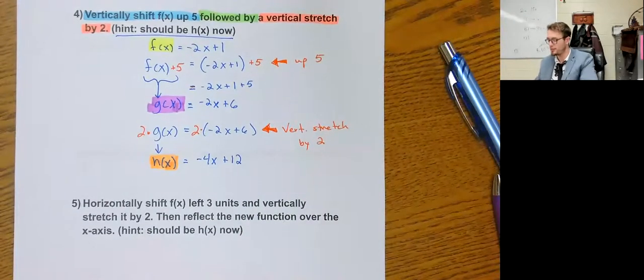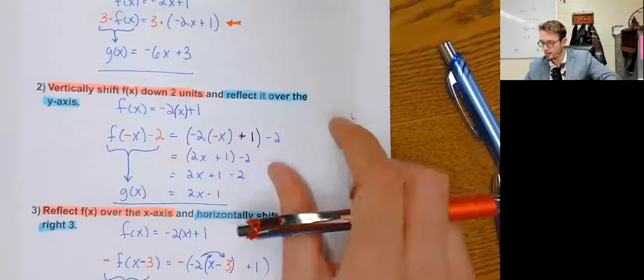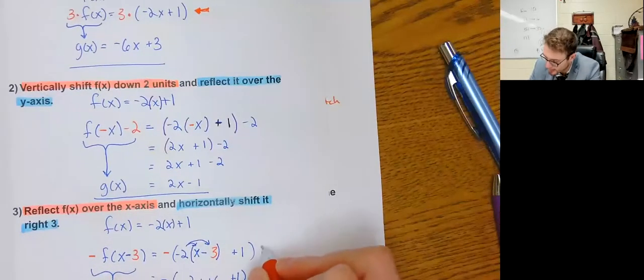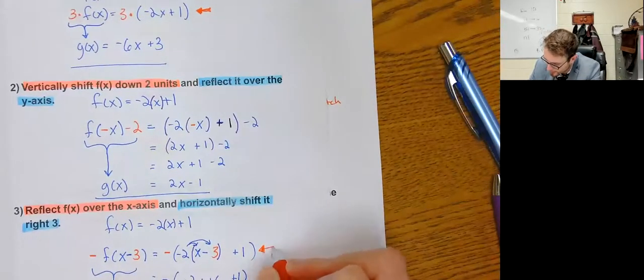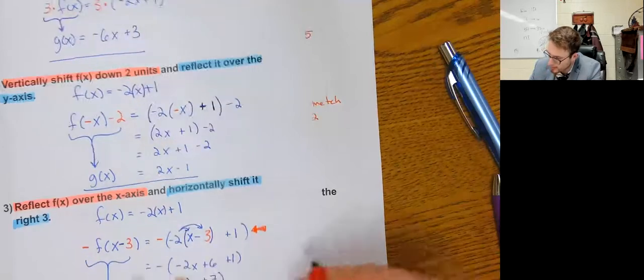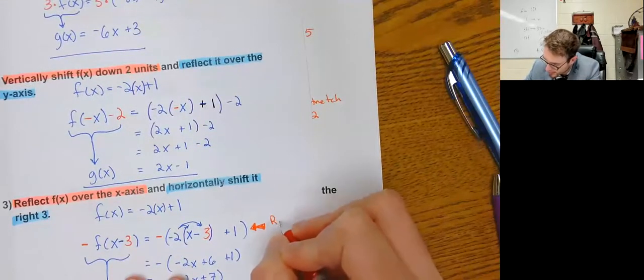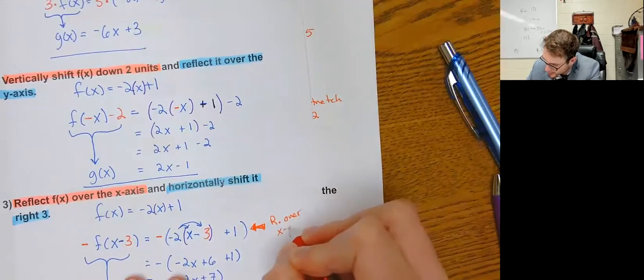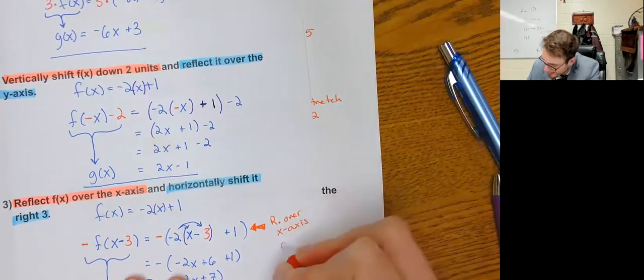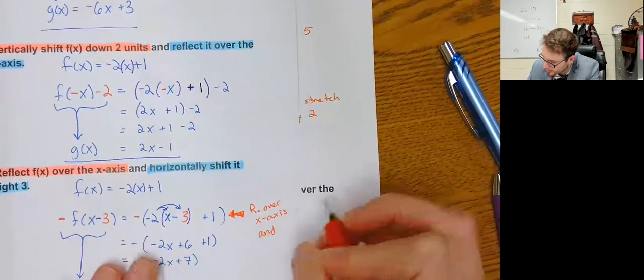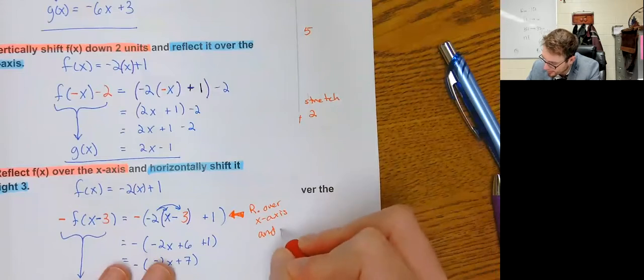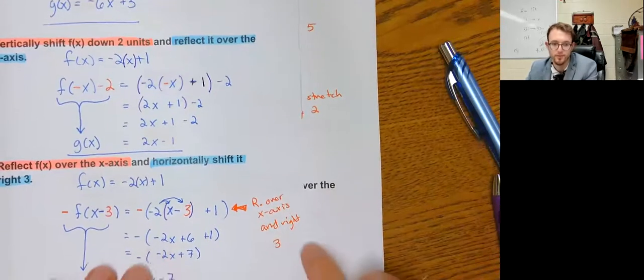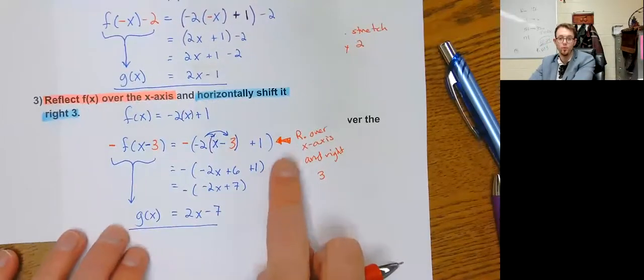The difference between this problem and the other problems were here we did a reflection over the x-axis and right 3. So we only did one transformation.